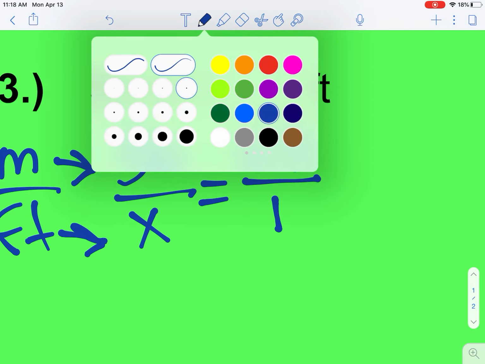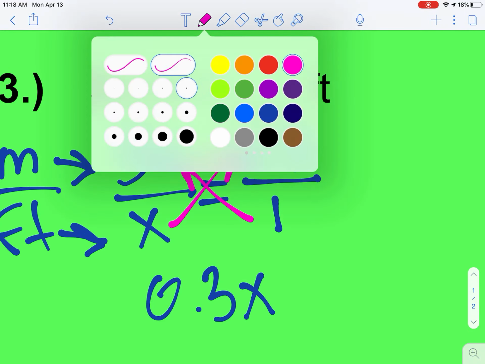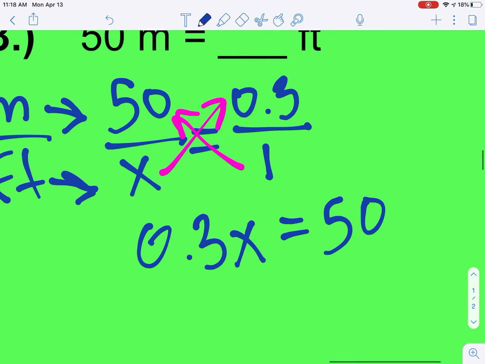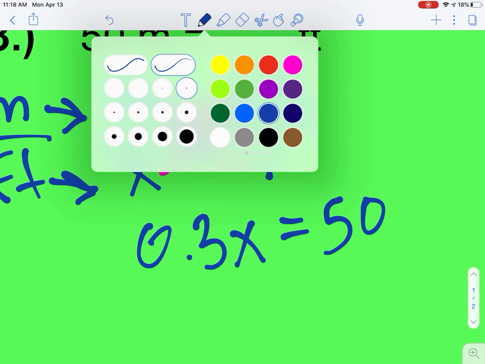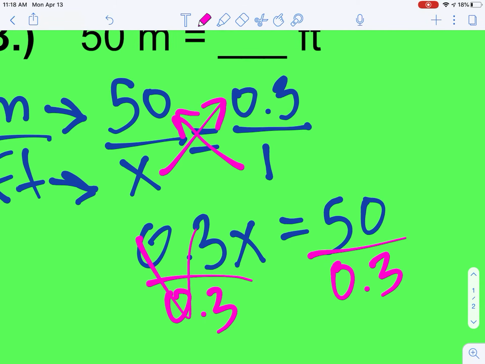So we're going to go ahead and cross multiply. X times 0.3 or 3/10. This is 0.3x. And 1 times 50 is of course 50. And I now need to divide by 0.3 on both sides. Those go away.